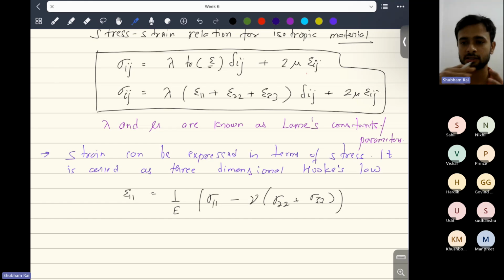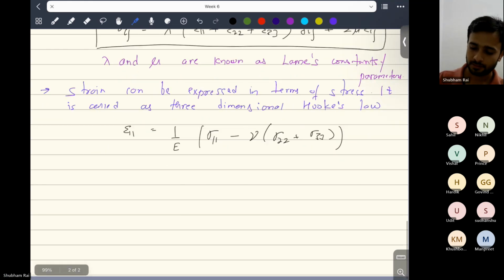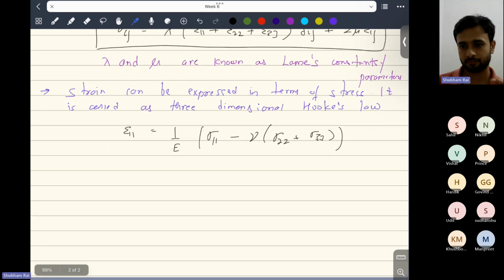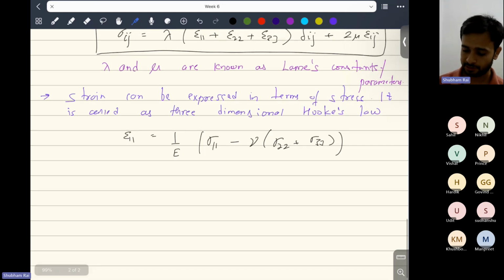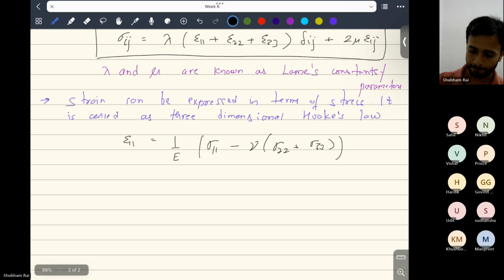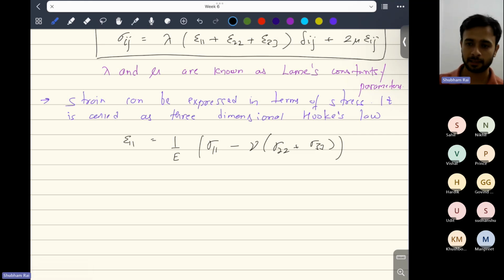But a certain combination of lambda and mu has been taken as E, and another combination has been taken as nu. So E and nu are not new constants, they are in terms of Lamé's constants only, used just to make these expressions look nice.